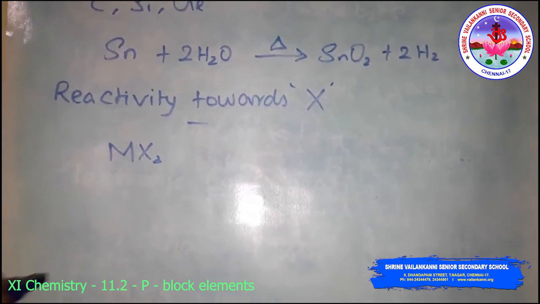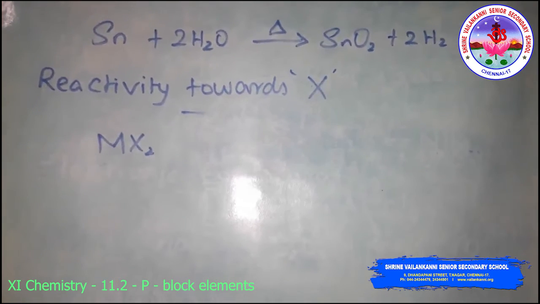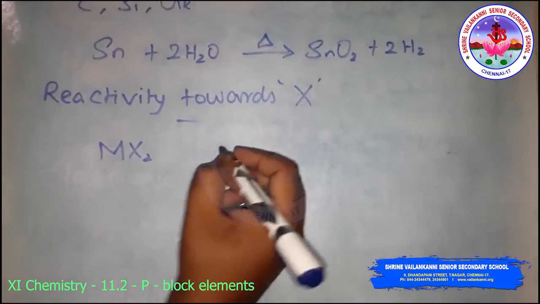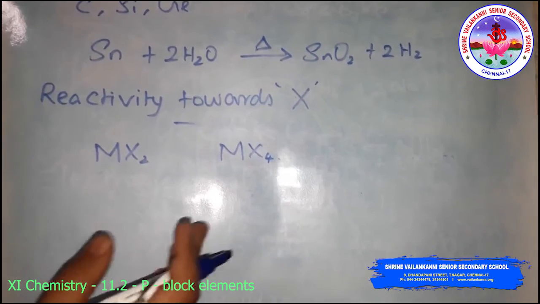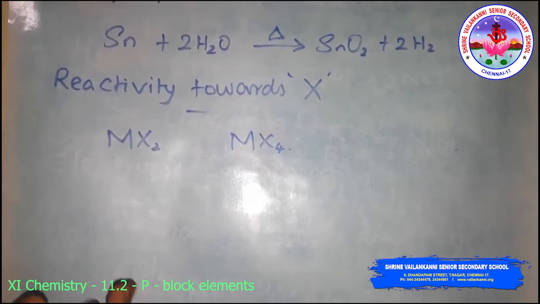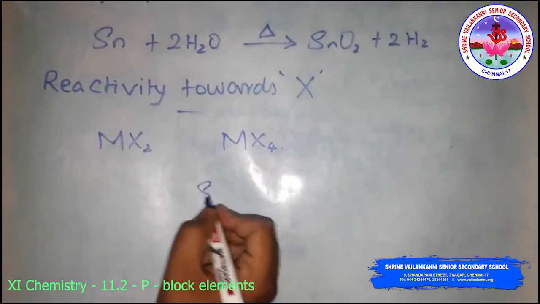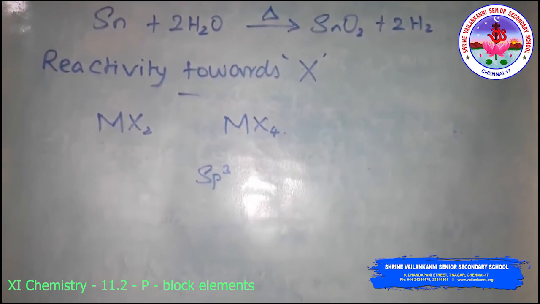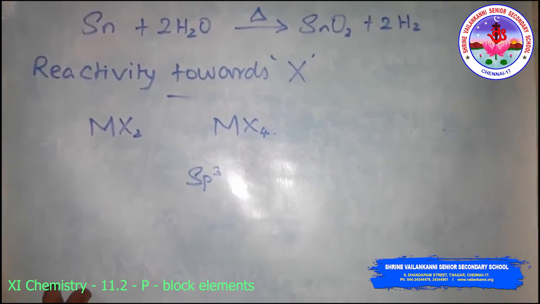Except carbon, all other members react directly with halogens under suitable conditions to make halides. Most form MX4, and the MX4s are covalent in nature. The central metal atoms in these halides undergo sp3 hybridization, and the molecule is generally tetrahedral in geometry.